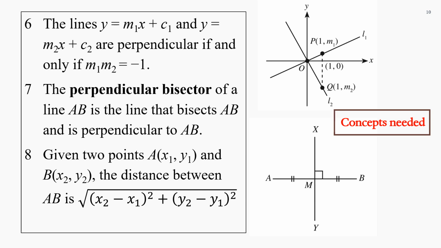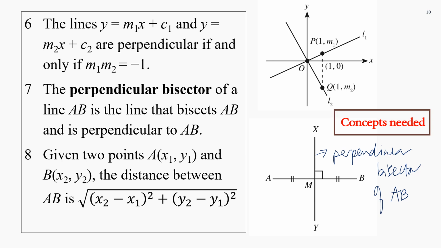Right. And sometimes you'll be asked to find the equations of the perpendicular bisector. So what do you understand by this word perpendicular bisector? Right. It means that from the diagram that's shown, this line XY will be the perpendicular bisector of AB.